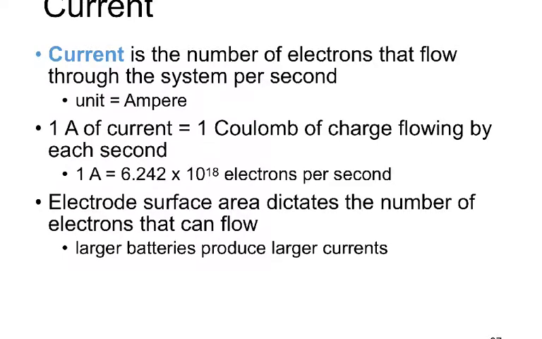And 1 coulomb of charge is 1.6242 times 10 to the 18th electrons per second. So a coulomb is this number right there. And then the surface area on your electrode is going to limit how many electrons can flow. So the larger battery you have, the larger surface area, the higher your possible current.